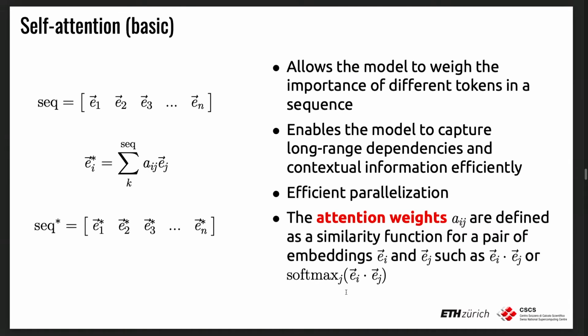So they are scaled between 0 and 1, and they all sum to 1, as if they were probabilities. Okay? So this is a basic attention. Attention also predates the transformer, and it used to be used in recurrent neural networks, because recurrent neural networks are just autoregressive.